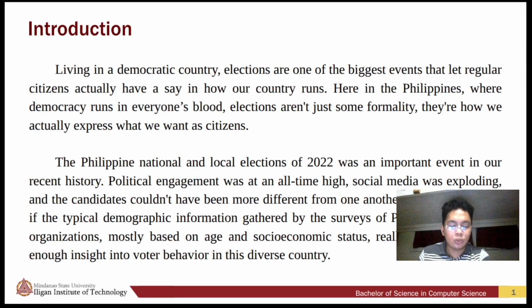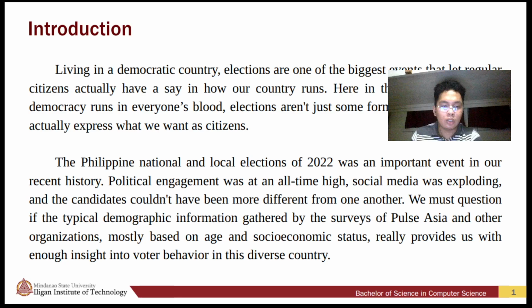The reason I chose the 2022 Philippine national and local elections is that it was my first presidential election, and the hype was there. The political engagement of regular citizens was at an all-time high, social media was exploding, and people didn't really know who was going to win the presidential election until the results came out.